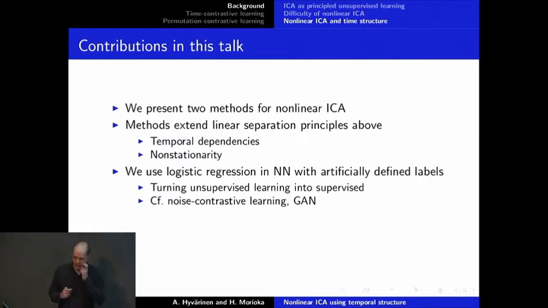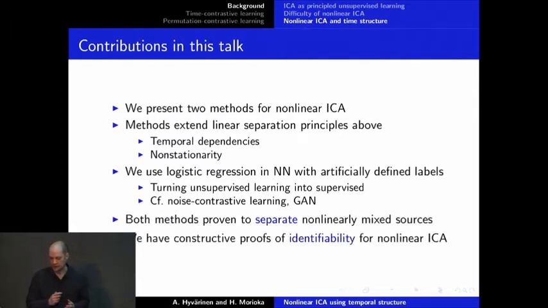Now, what both methods have in common is that we implement them by using logistic regression in a neural network with artificially defined labels. So in some sense, we are turning the unsupervised learning problem into a supervised learning problem by defining certain labels artificially. The same kind of idea has previously been used in noise contrastive learning as well as generative adversarial networks.